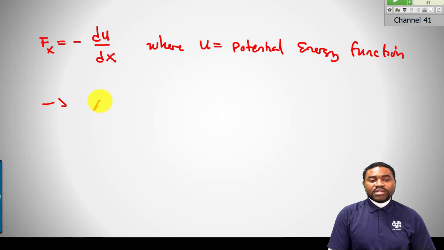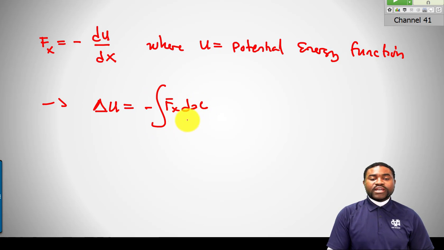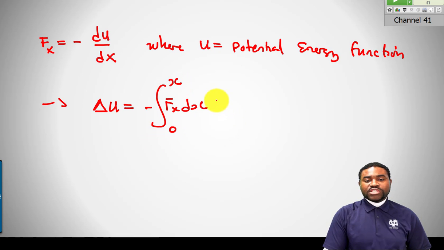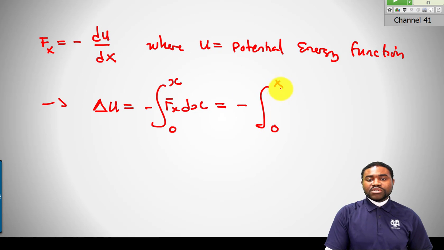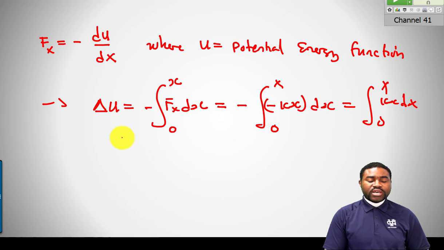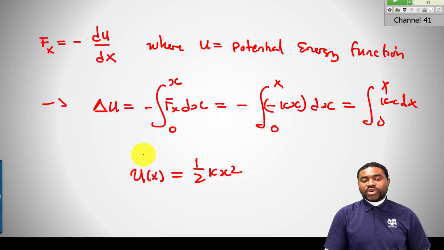This implies that delta U is equal to negative the integral of F_x dx from 0 to x. For simple harmonic motion, this becomes the integral from 0 to x of negative kx dx, which is just the integral from 0 to x of kx dx. Hence, you would have the potential energy U(x) equal to 1/2 kx squared.